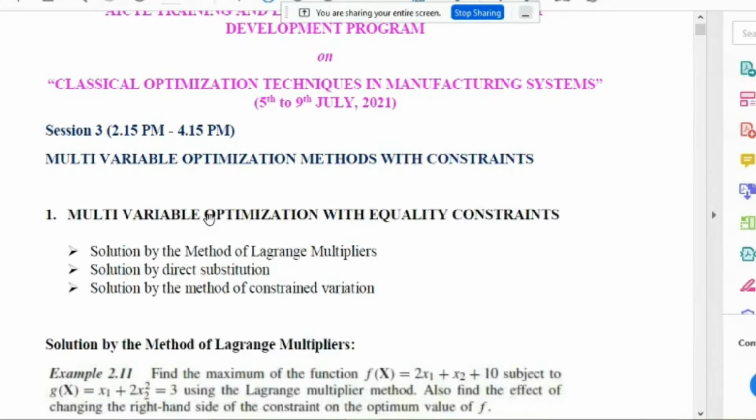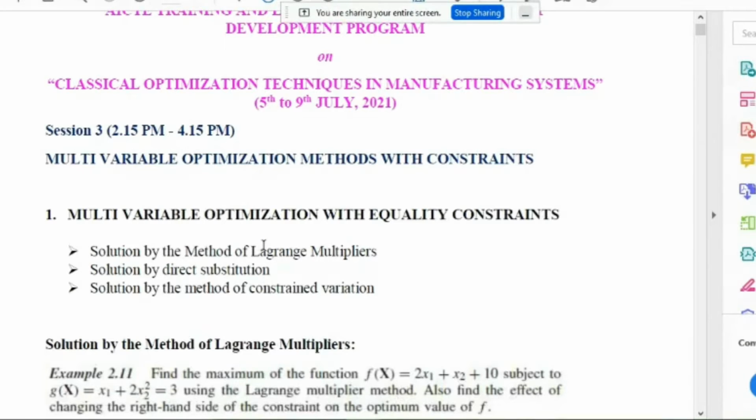Consider a multivariable optimization problem where the objective function is given and the constraints are only equality type constraints. Under such a scenario, generally three different methods are in use: solution by the method of Lagrange multipliers, solution by direct substitution, and solution by the method of constraint variation.